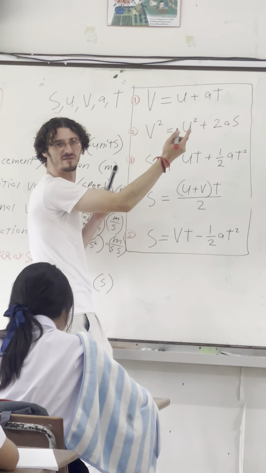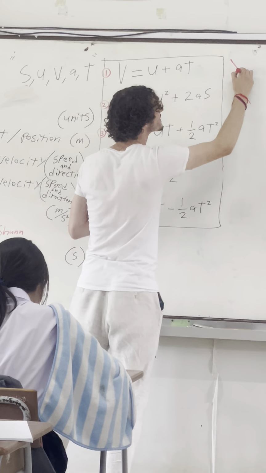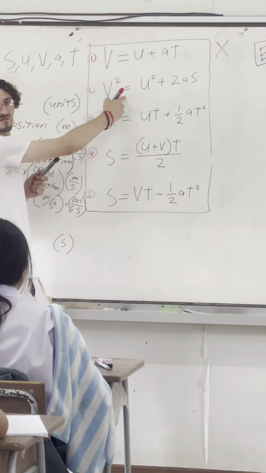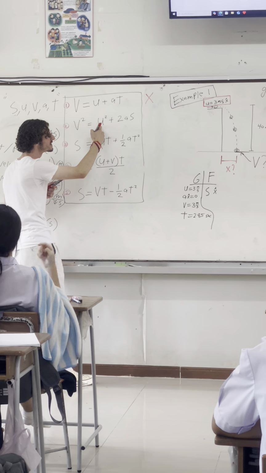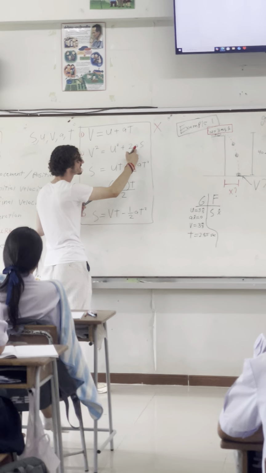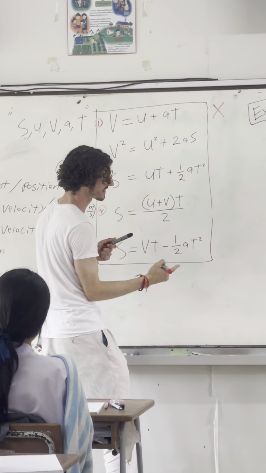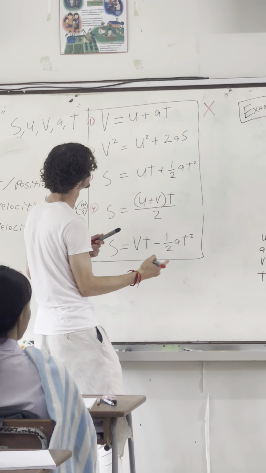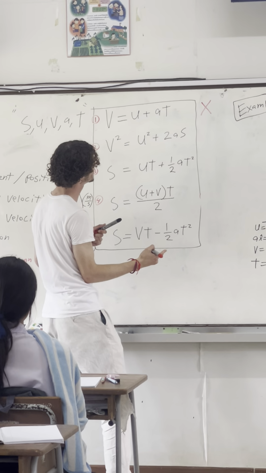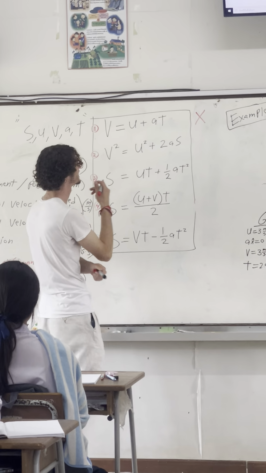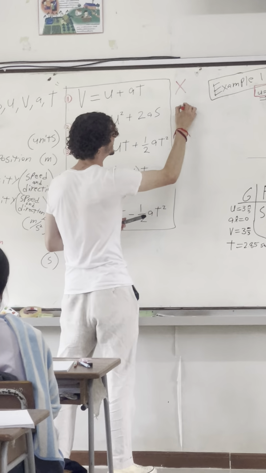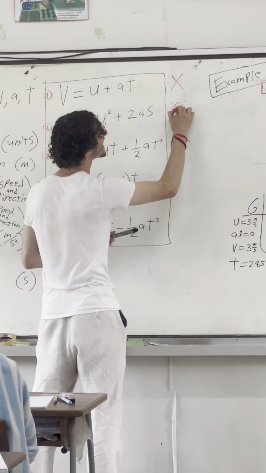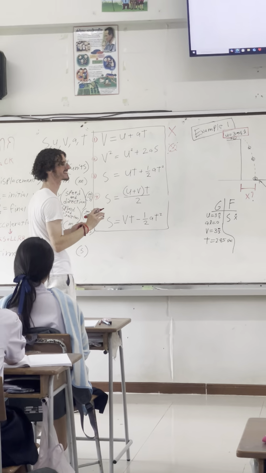No. Find the S. This one, maybe. We have V, we have U, we have A, but the S, we could use that one. I don't really like that one much more. We can, but I don't think it's the best.